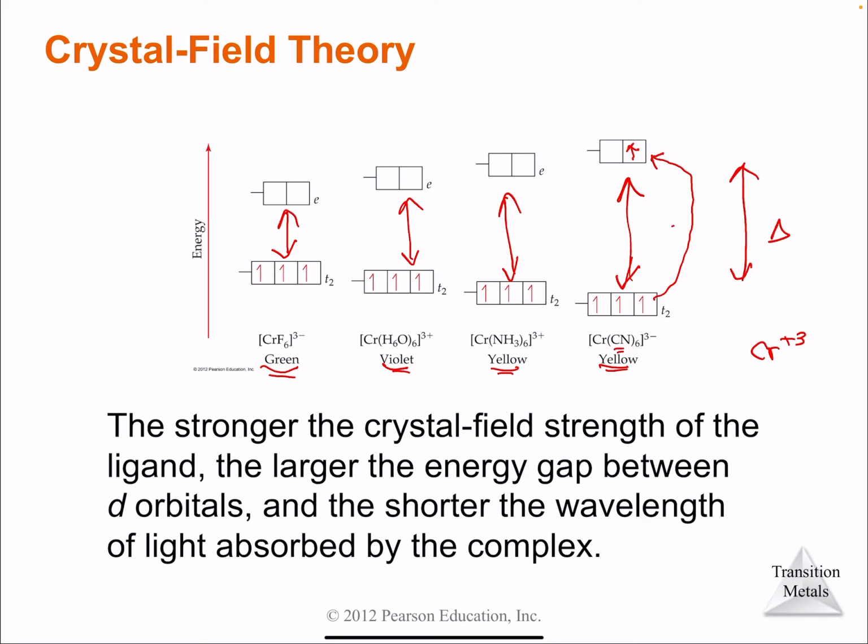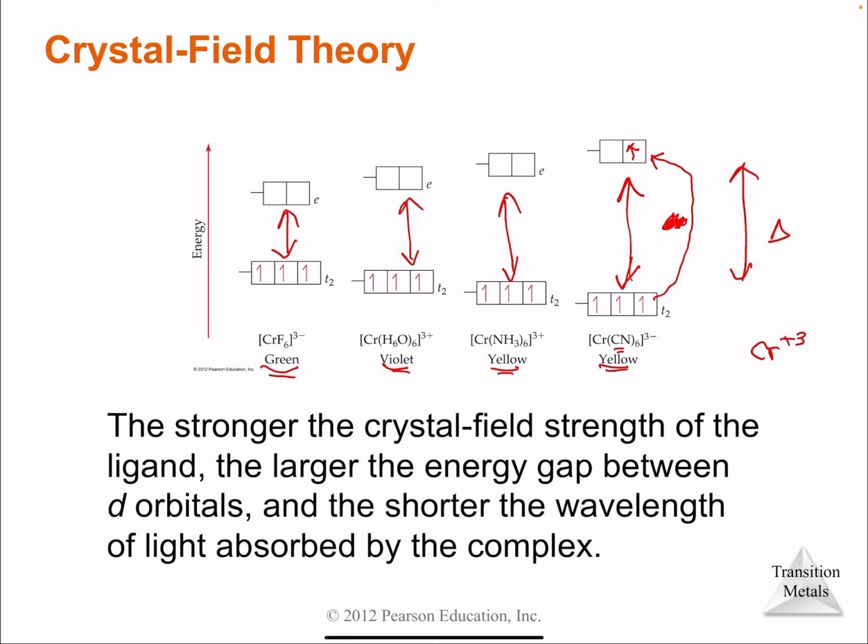So this is the amount of energy that's absorbed. You have situations where there is low energy absorbed for the green complex, and for the yellow complex we have a higher amount of energy.